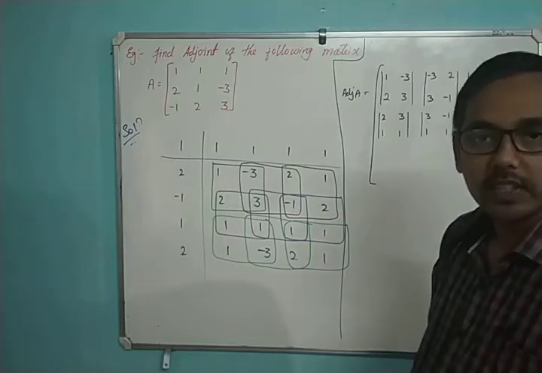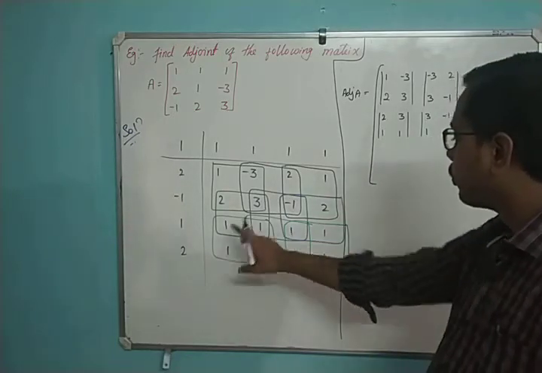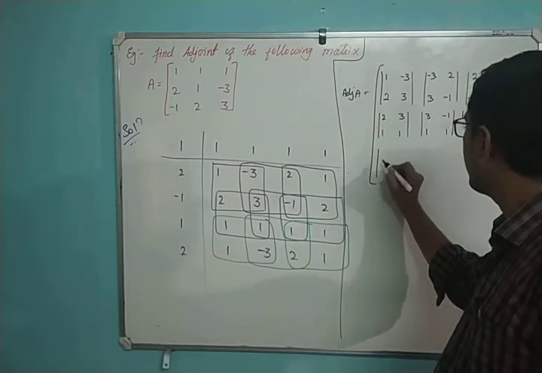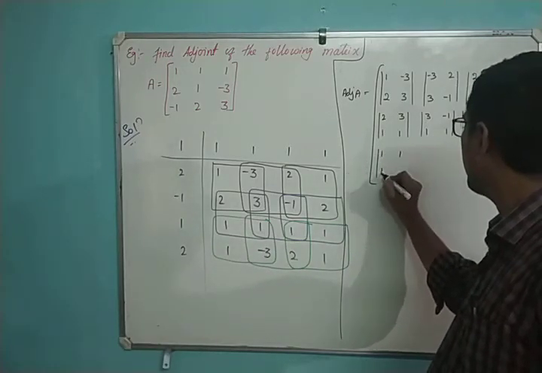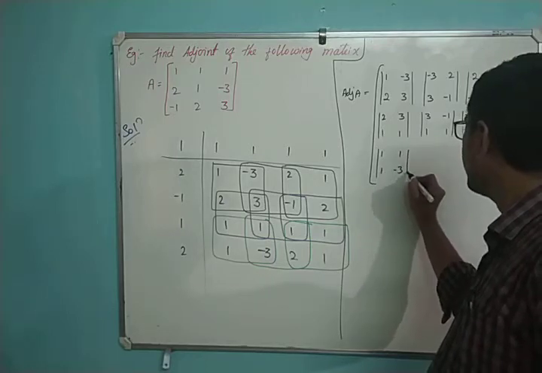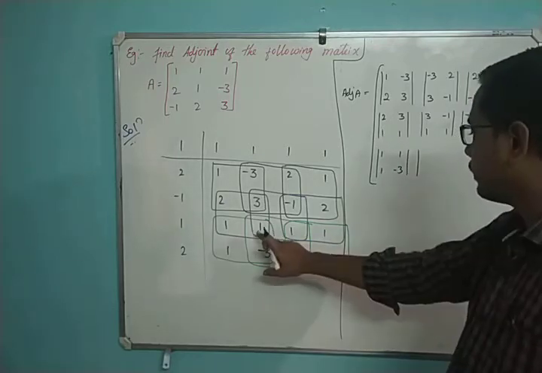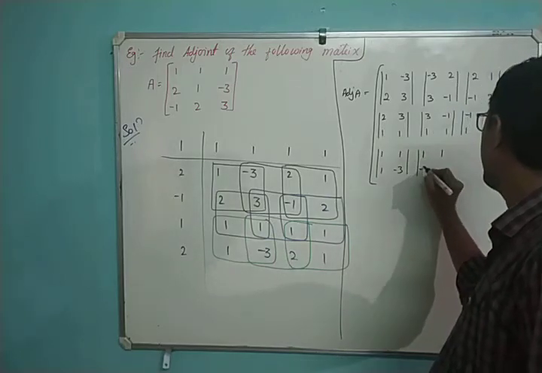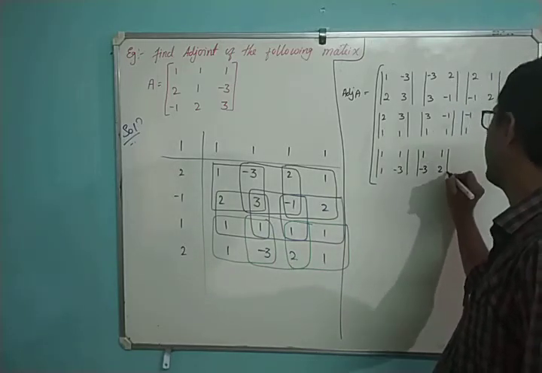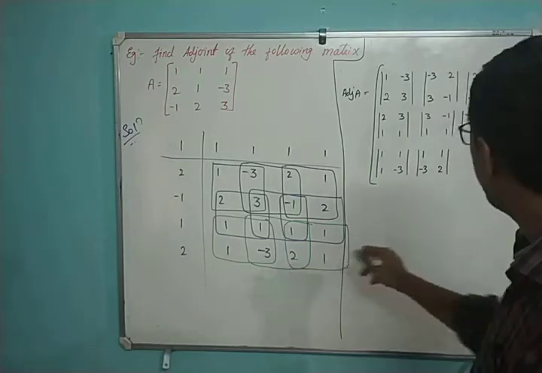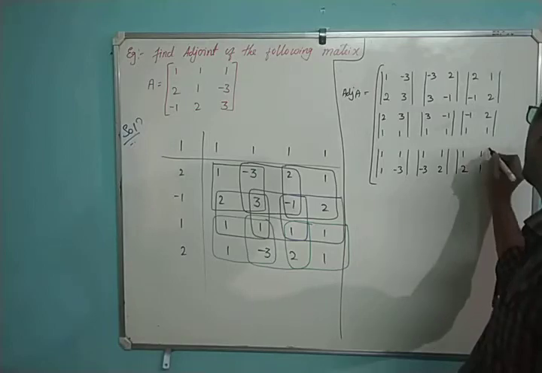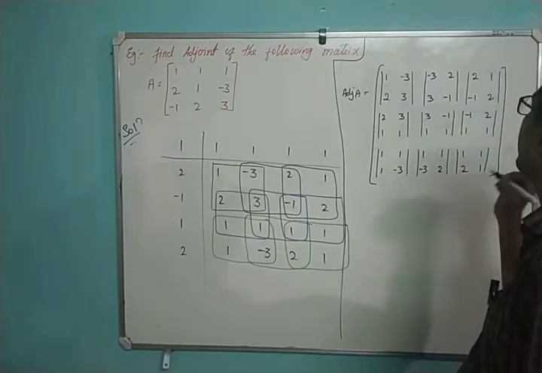Right. So second row is finished. Coming to third row. First box is 1, 1, 1, minus 3. This one, 1, 1, minus 3, 2. In this one, 1, 1, 2, 1. Right.